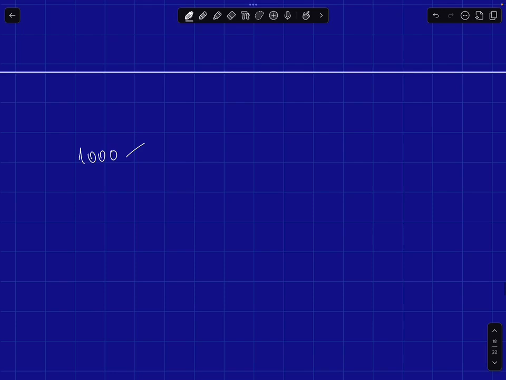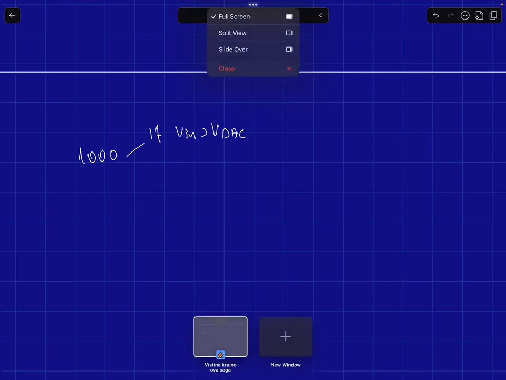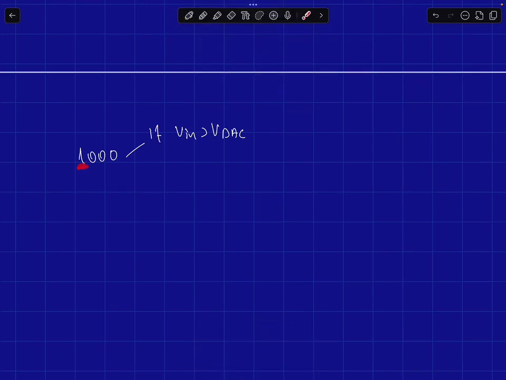If Vin is bigger than VDAC, I will keep the first bit as is, and I will change the second bit to 1, so that will be 1100. But if Vin is smaller than VDAC, I will change the first bit to 0, and the next one to 1. So the next bit we always change to 1, but based on which condition is true, we either keep the previous bit as 1 or set it to 0.